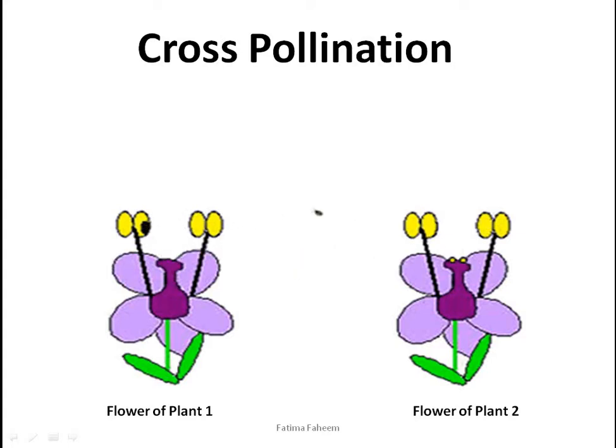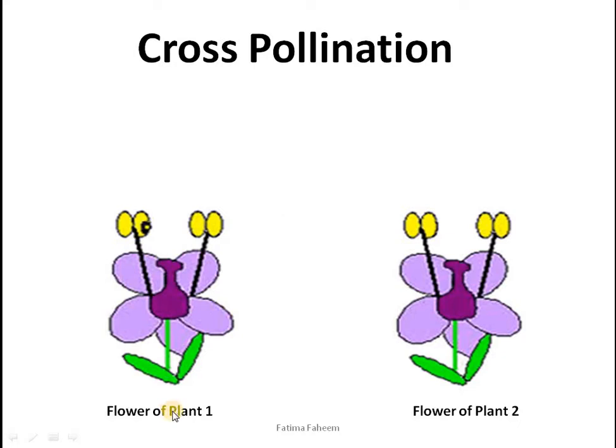On the other hand, bisexual flowers can also undergo cross-pollination when the stigma and anther mature at different times. For instance, if I have taken this flower of plant 1, you can see that the pollen is taken from the anther of this flower and is transferred to the stigma of this flower. So the plants are different.